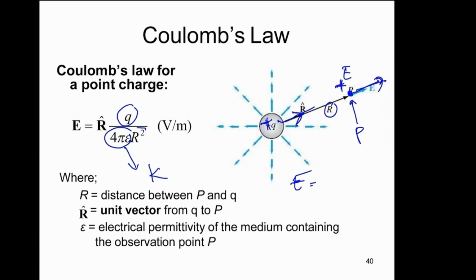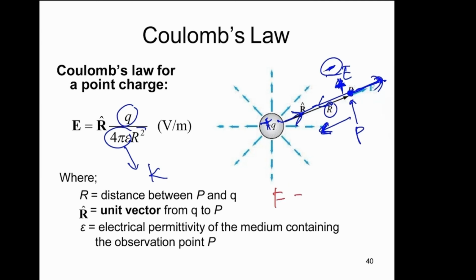If we use a negative charge here, the direction will be toward it, so P will be attracted. In this example, we use a positive charge, so it will repel.